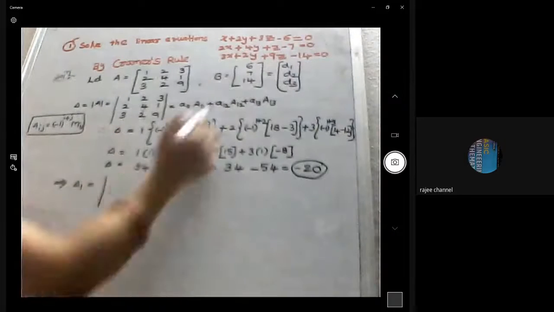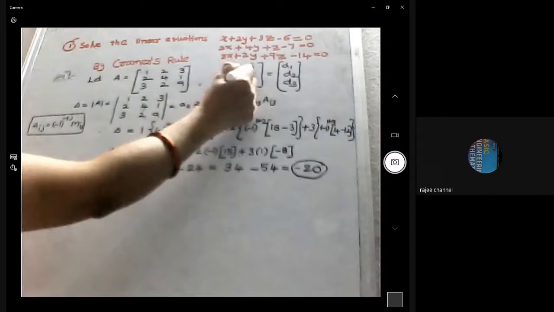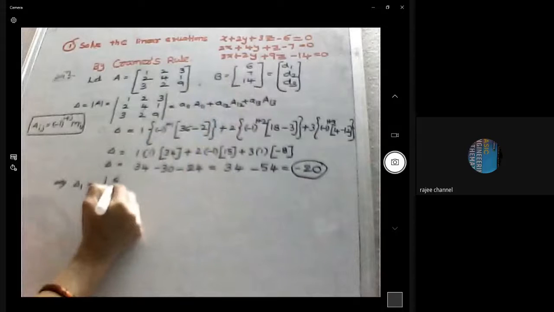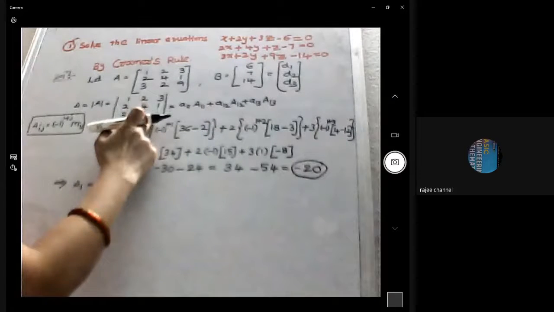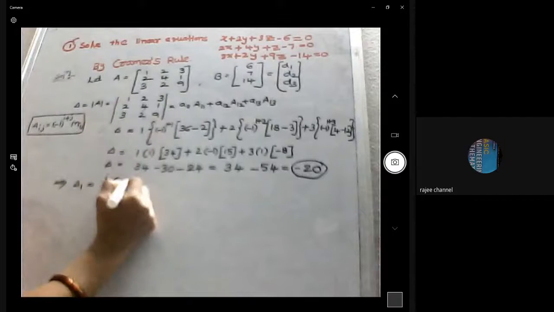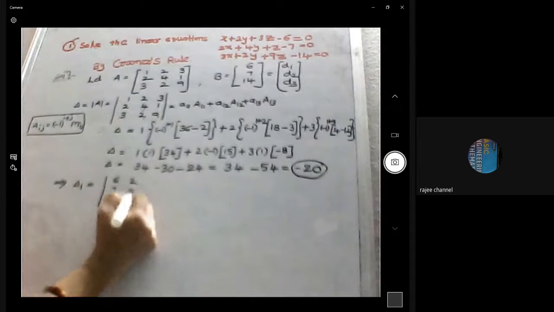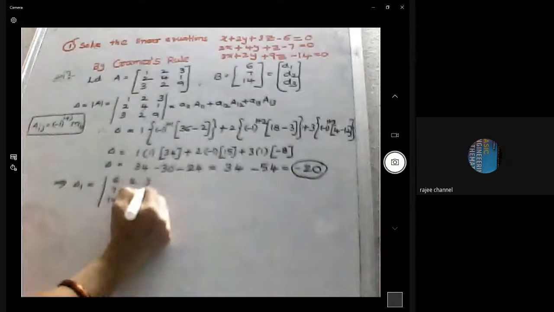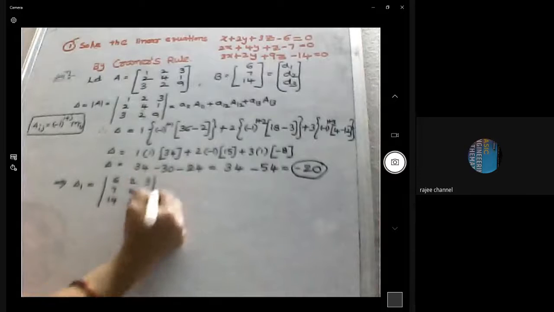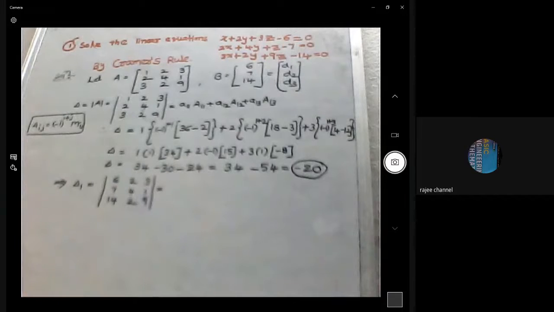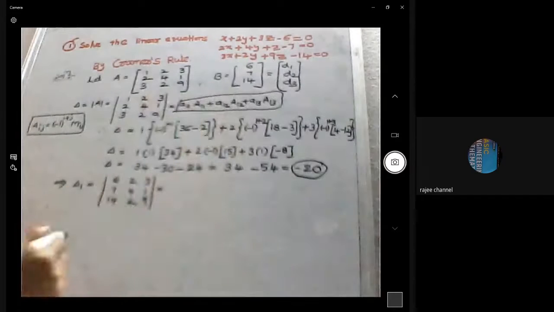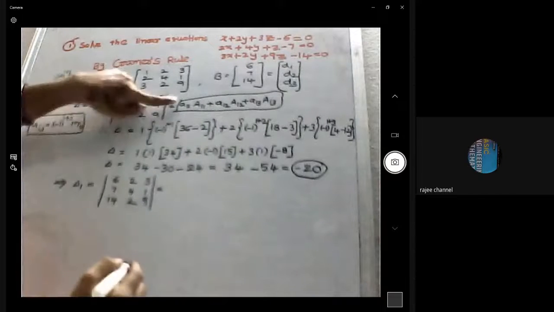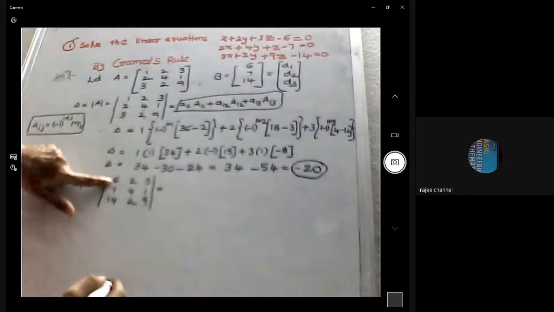So in the first column we take the constants 6, 7, 14. The remaining C2 and C3 columns are taken as they are: 2, 4, 2, 3, 1, 9. By using this formula we can write directly. Here a11 is 6.